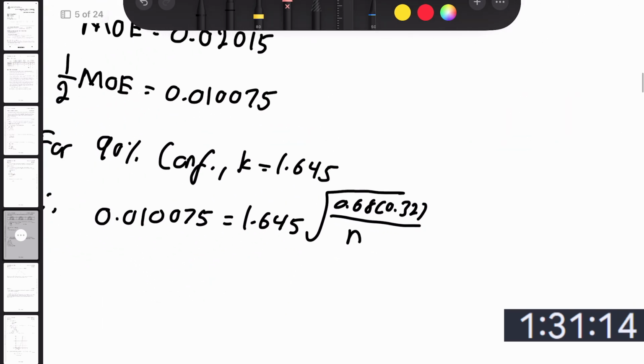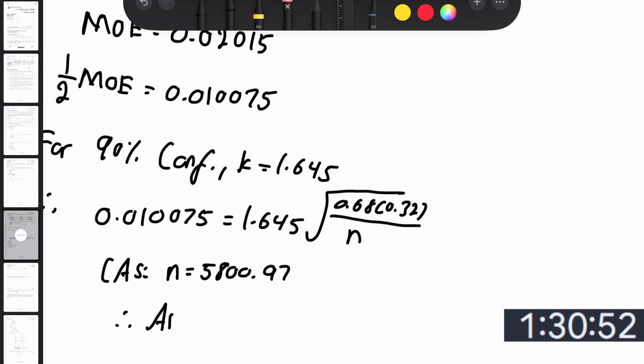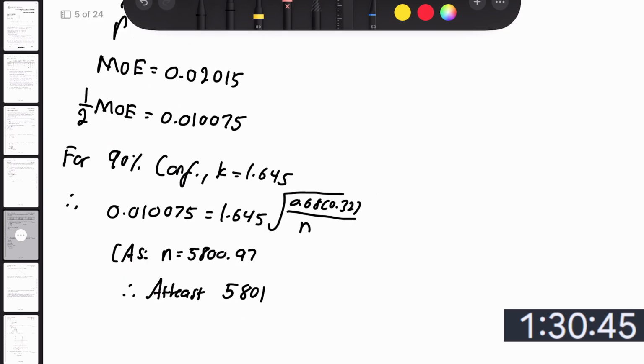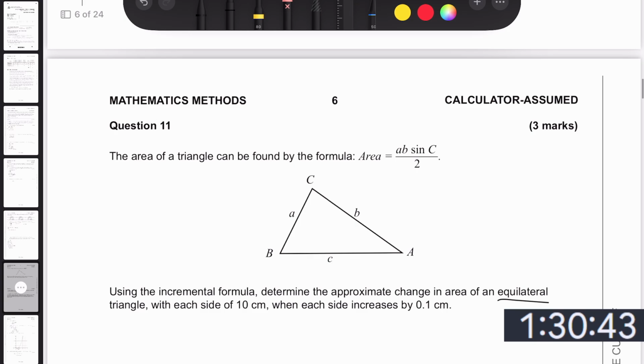And then here I'm just gonna write on the calculator: 0.01075 is equal to 1.645 times the square root of 0.68 times 0.32 over n. I get n is equal to 5800.97. Obviously can't have 0.97 of a person, so I'm gonna write therefore at least 5801.